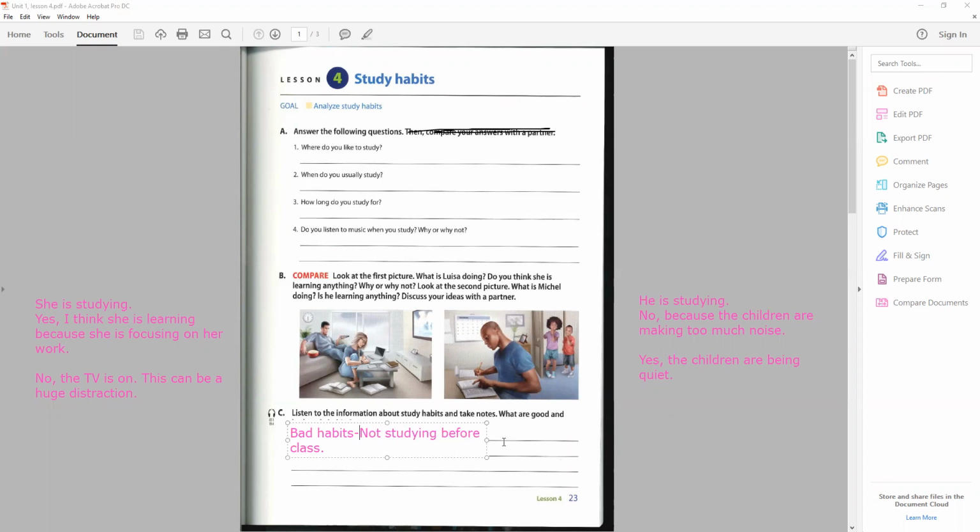Not studying before class is 1. He also talked about distractions, such as the TV, loud music, or people talking. And the last bad habit he gave us is copying a friend's homework.